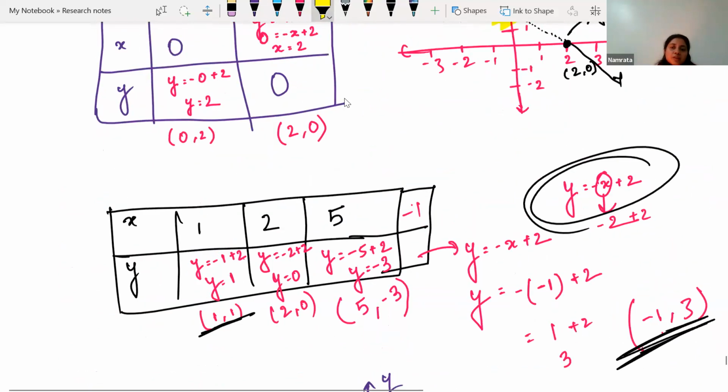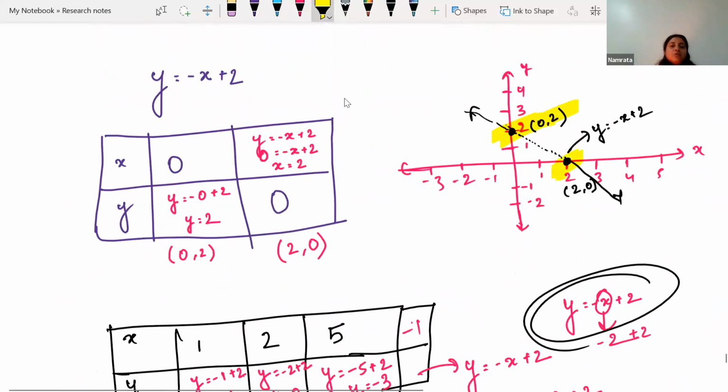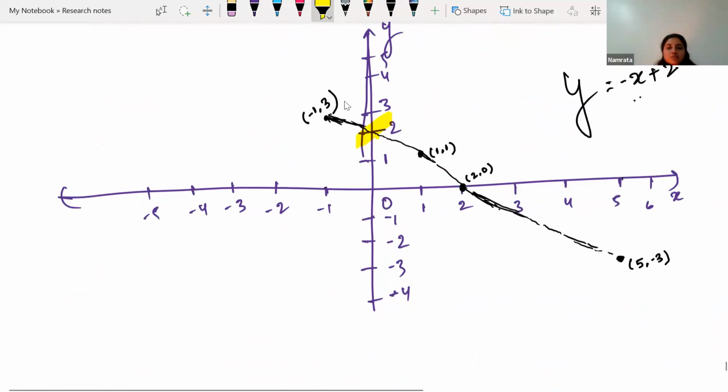That graph is touching the x-axis at 2 only, and my graph is also touching the x-axis at 2, and on the basis of this I can say both graphs are exactly the same. Obviously we have taken the same equation in that case also, and we have plotted the graph, so both are the same.